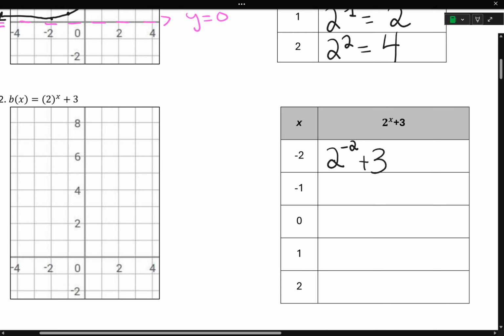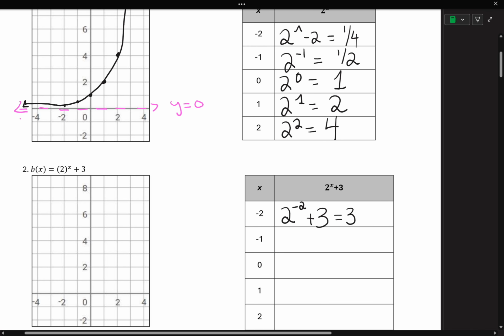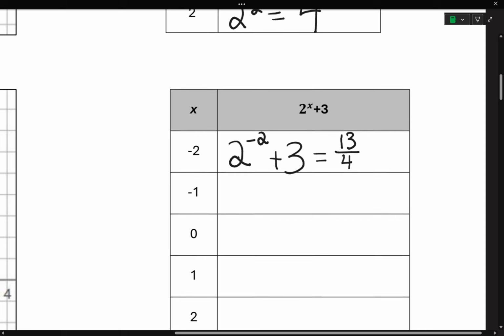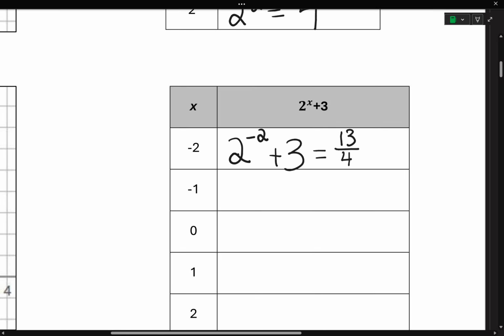Okay? Put that into your calculator, and what you get is a fraction. I have a mixed number in my head. So that's going to be 13 fourths. Yes. Right? Okay. Next we have 2 to the... You go ahead and pause it, do these in your calculator, and you can unpause it and see what I got.